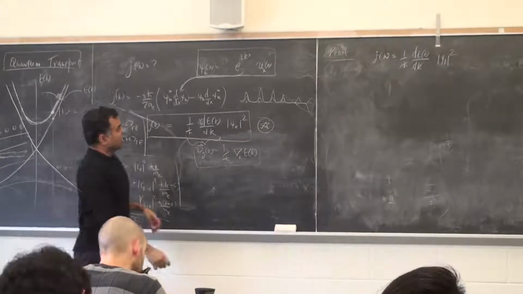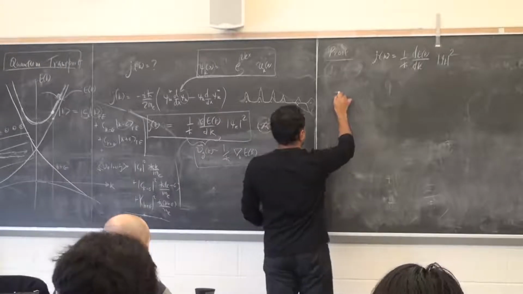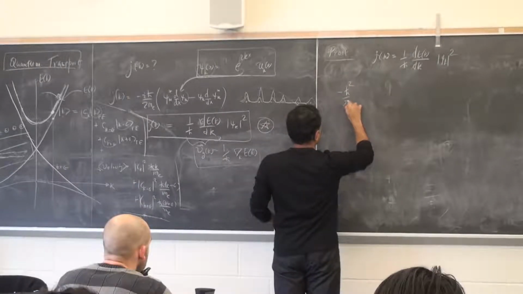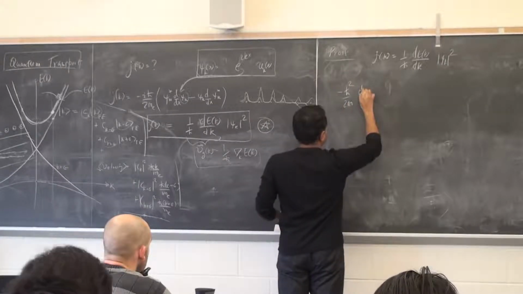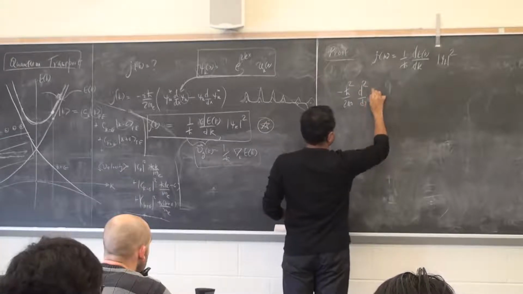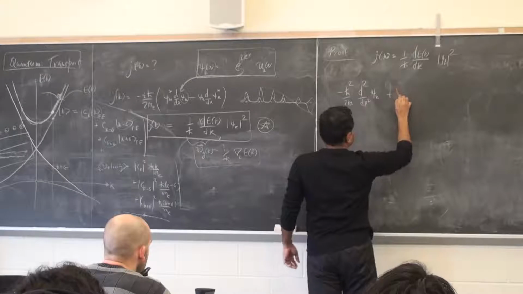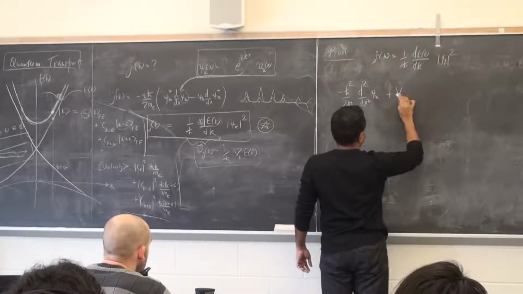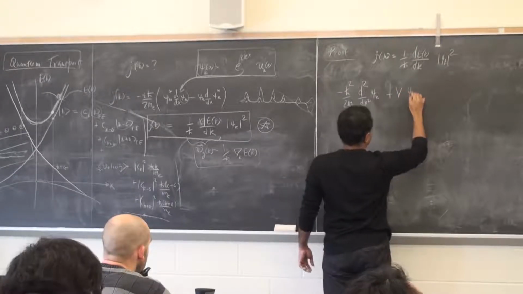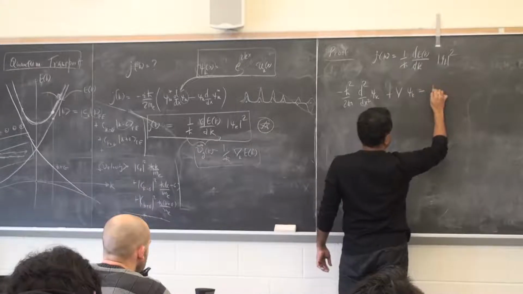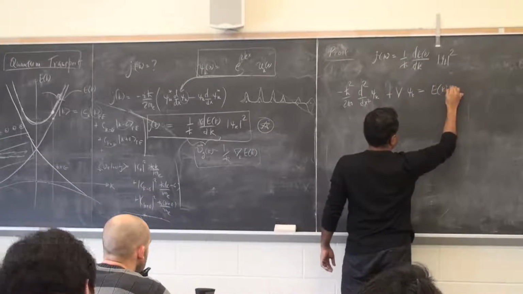To do that, we go to the Schrodinger equation and say that I have solved the Schrodinger equation and found my Bloch states, which are there in a periodic potential V. I'm not going to write it as a function of x, it's understood, is equal to E of k times psi of k.